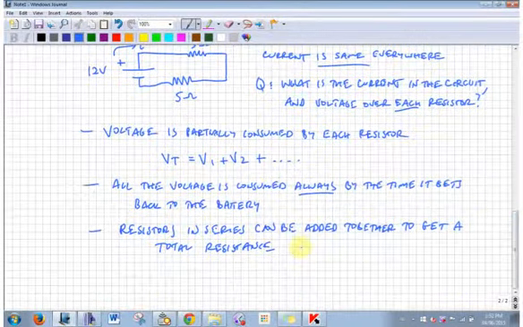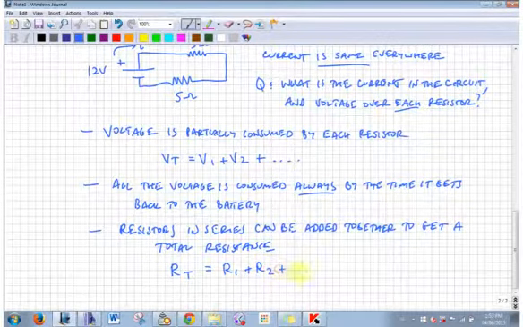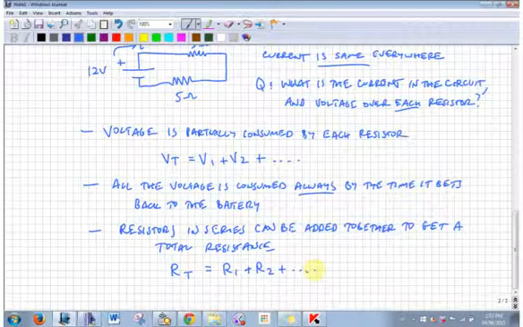Okay? So R total is R1 plus R2, and if I have 16 resistors all in series, as far as this circuit's concerned, I could just add them all together to get one resistance.